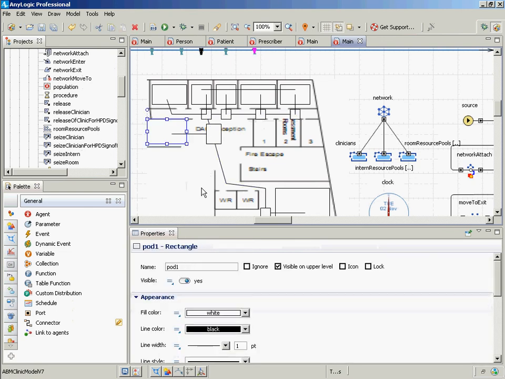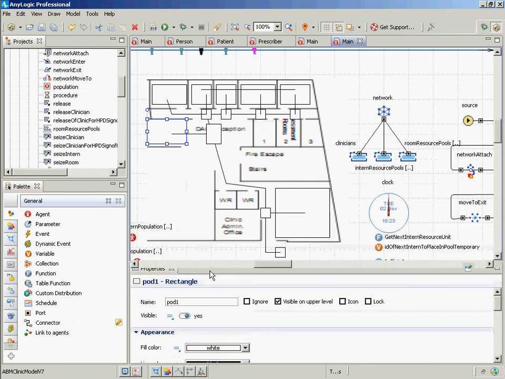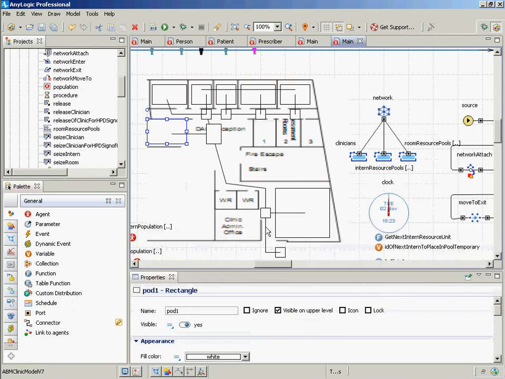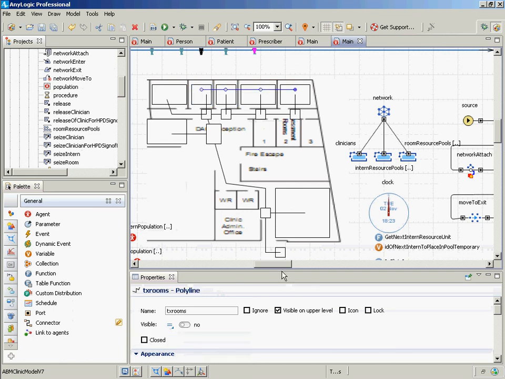So if we look at room resource pools, we'll see that it's defined by this. Okay. So this is the rooms, and this is a more sophisticated version of the model.